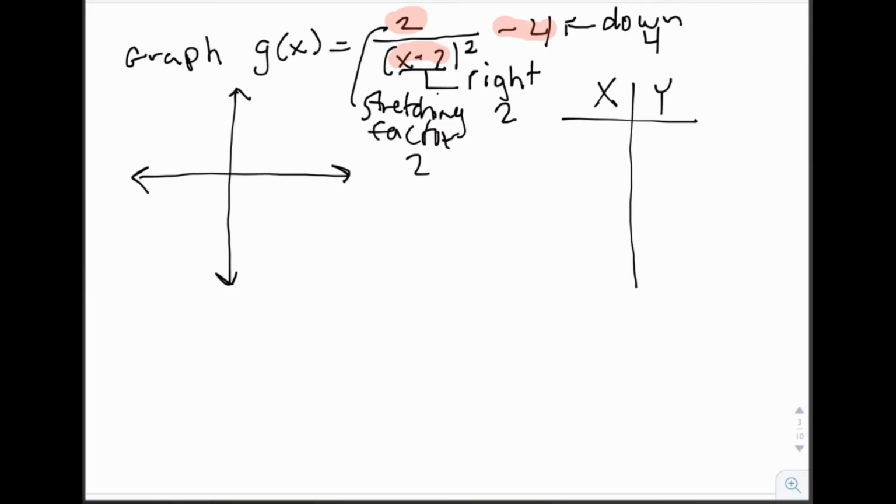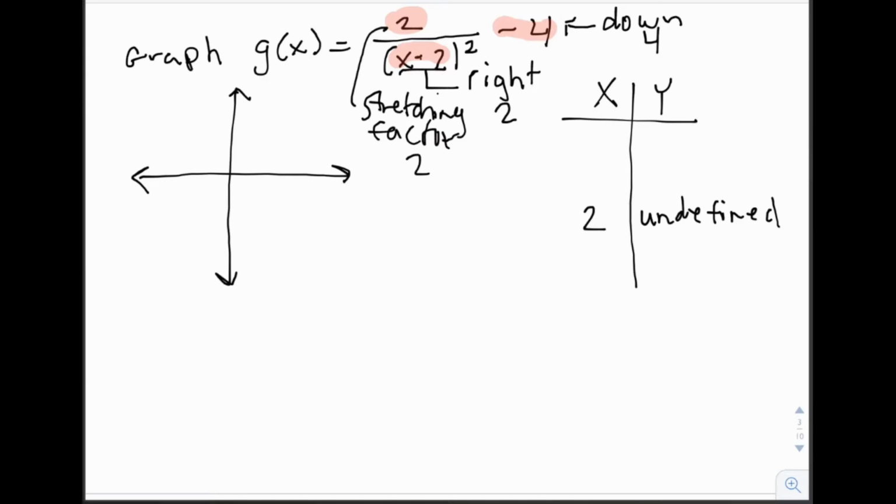So let's pick some points to figure out what this one is going to look like. I'm going to start with a 2, as this will give us a 0 on the bottom, or an undefined value. So undefined for 2.